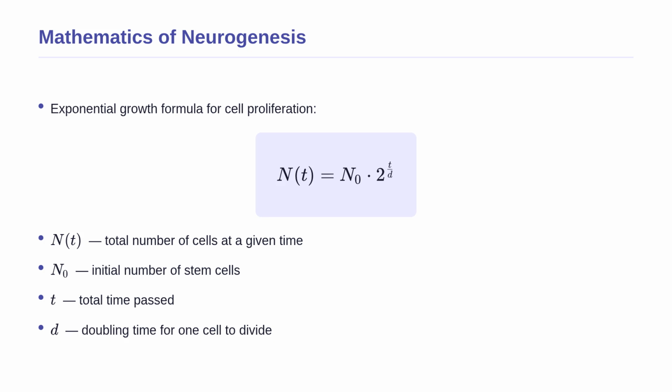The variable t is the total time that has passed, and d represents the doubling time, which is how long it takes for one cell to divide into two. Physically, if the total time increases, the exponent grows, causing the cell population to skyrocket. Conversely, if the doubling time increases, meaning cells take longer to divide, the overall rate of growth slows down significantly.